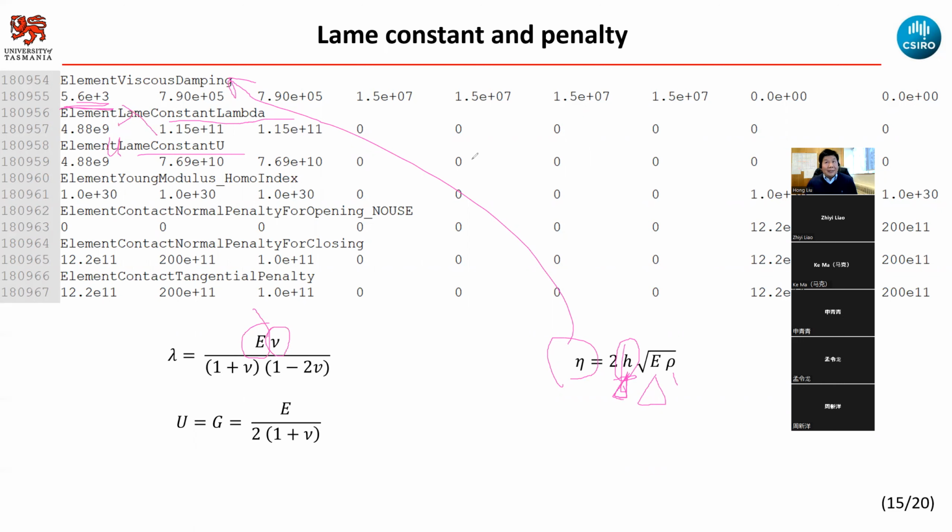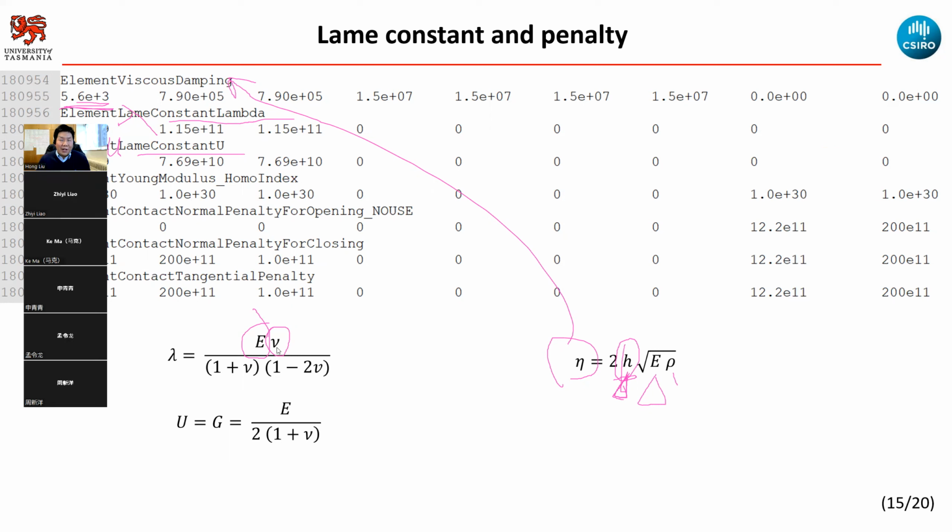I think for most rocks, it's easy for you to determine the elastic modulus and the Poisson's ratio. So after you know the elastic modulus and Poisson's ratio, we can, according to elastic mechanics, calculate the lambda constant.